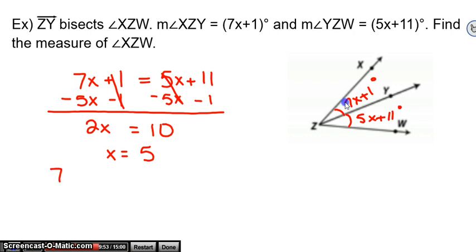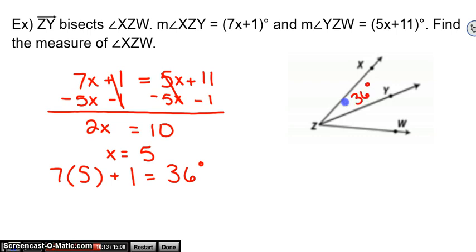So I'm going to substitute the value of x into the expression 7x plus 1. I'm going to put the 5 right here. And that means 35 plus 1 is 36 degrees. So I can replace the expressions now. XZY is 36 degrees. And since we know they are supposed to be congruent, this one is also 36 degrees.